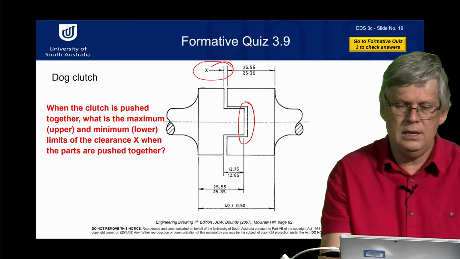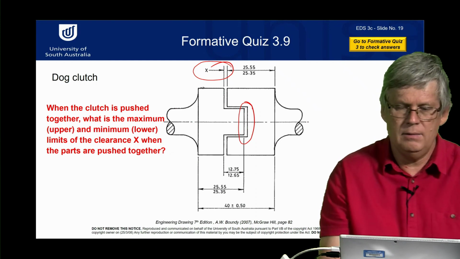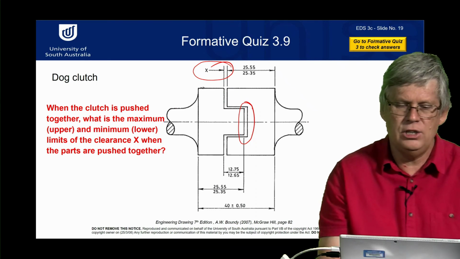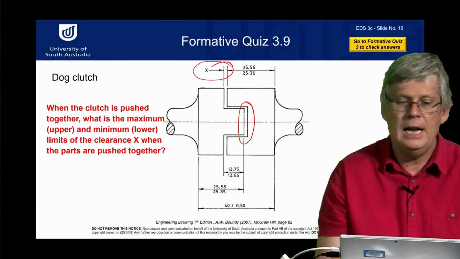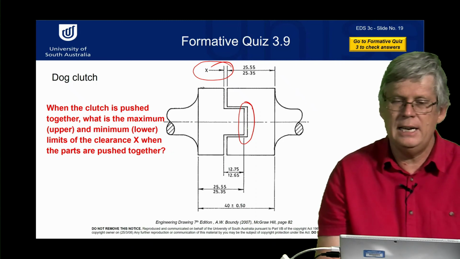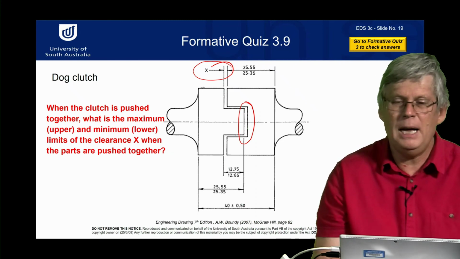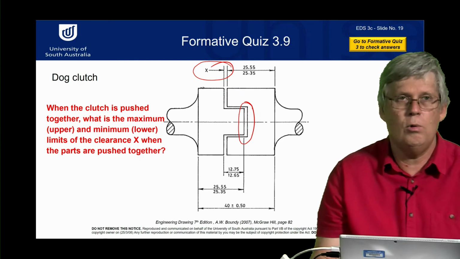So you can see when they contact together, we need to calculate what is the clearance. So there's dimensions here for the parts, and we need to solve that as to what that size is when they're pushed together. And there is enough information there to solve it. It's a difficult question, but it's just an extension question for you.